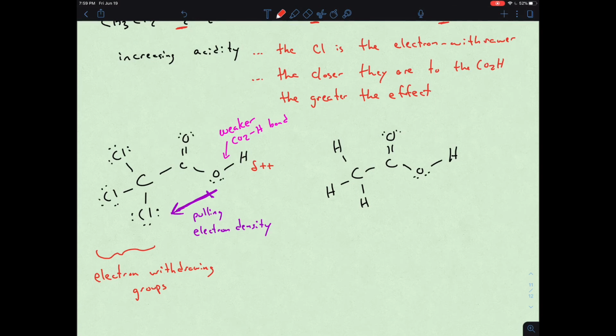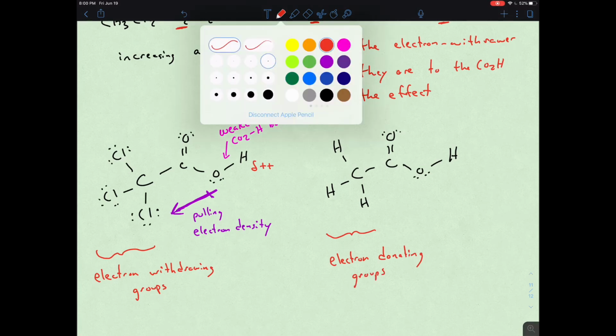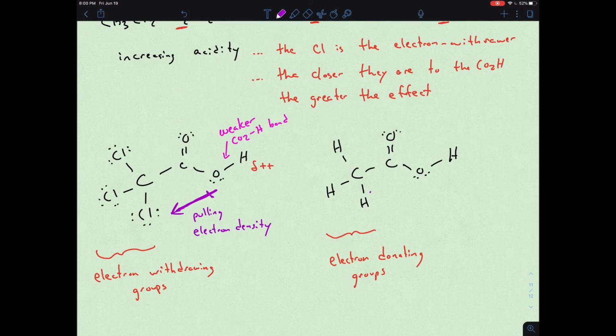On the other hand, on the acetic acid molecule, we actually have electron donating groups. So we find that we're pushing the electron density the other way. That's now making a stronger CO2H bond.